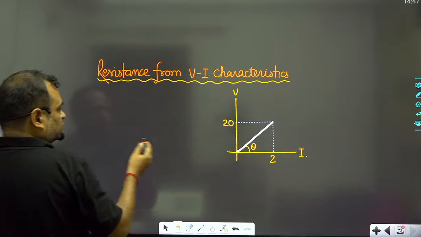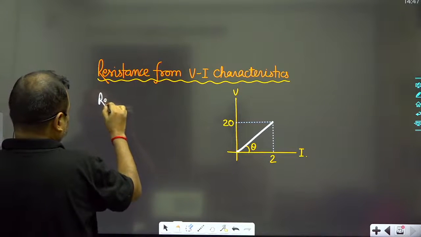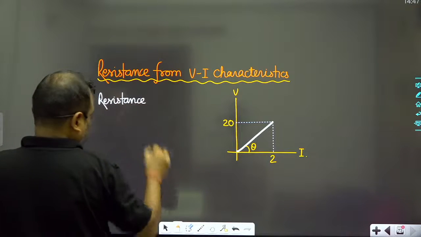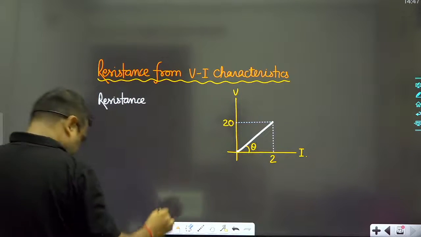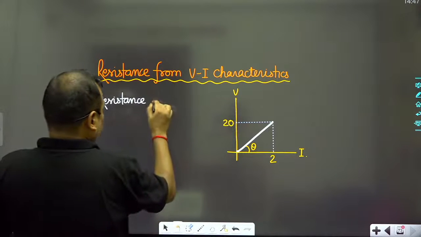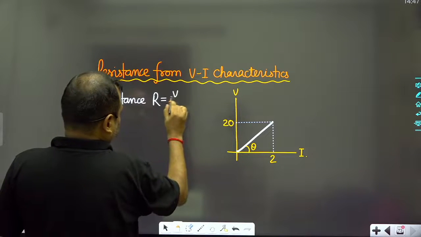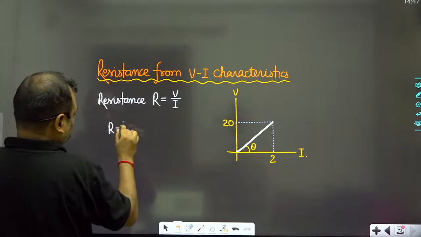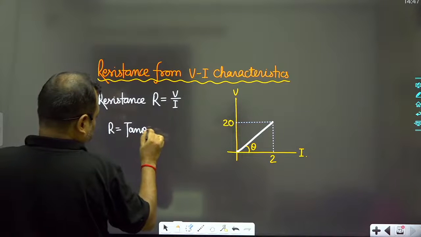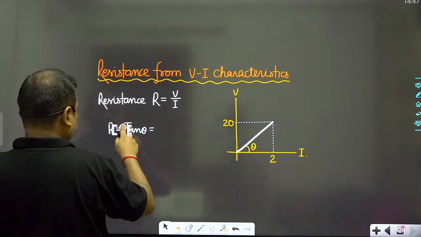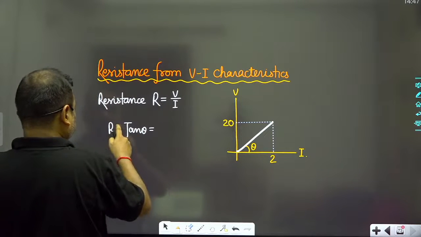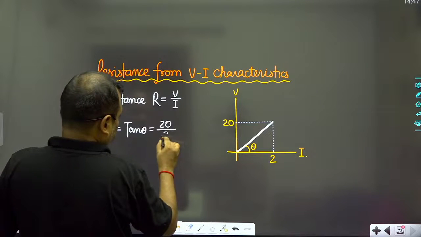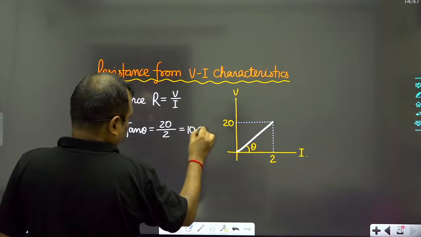Resistance R will be equal to V upon I, so R will be equal to tan theta, and this will be equal to 20 upon 2, which is 10 ohms.